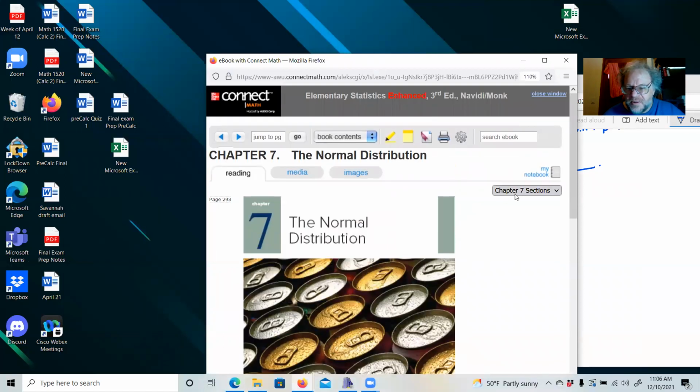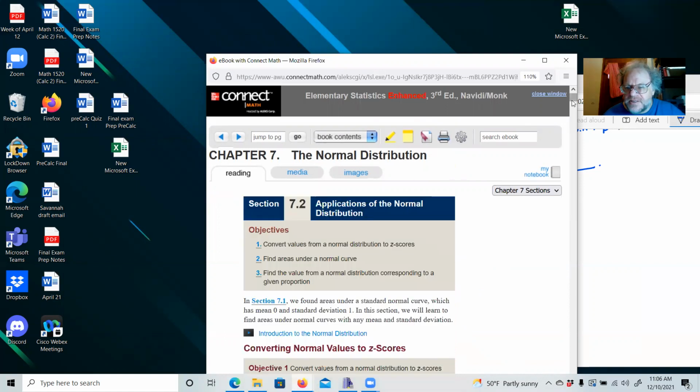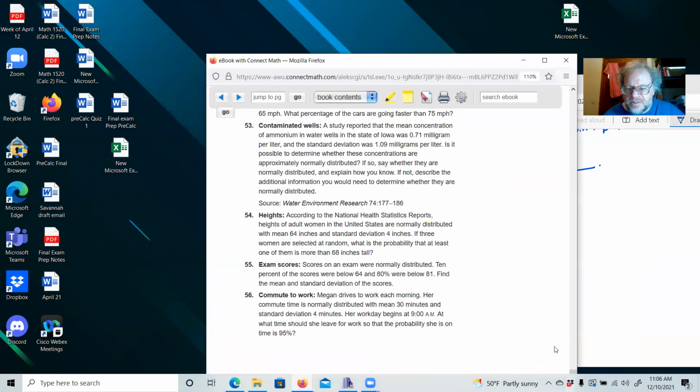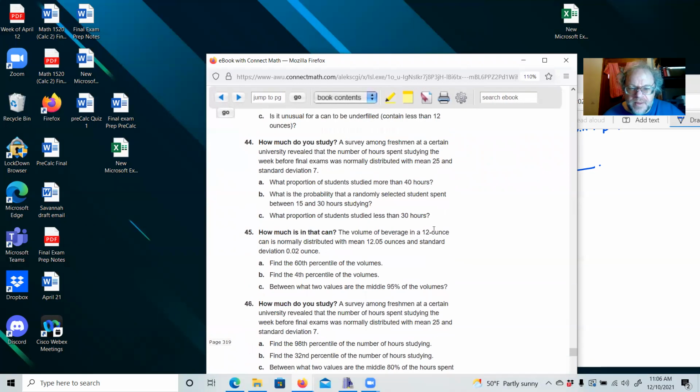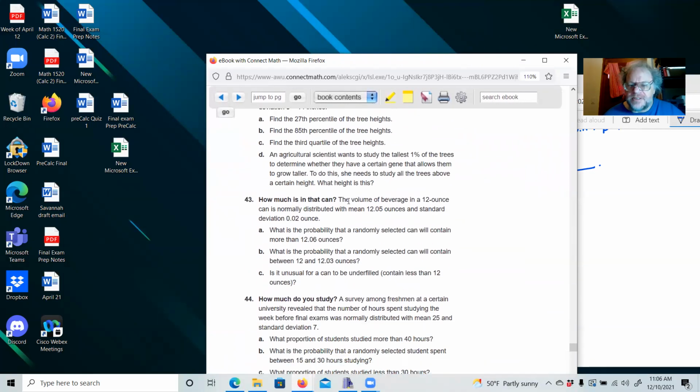So we want applications. I'm just going to scroll all the way down here and have a look at what's going on. How much is in the can? We have the volume of beverage, 12 ounces, a can that is normally distributed. See right there, they tell you it's a normal distribution.